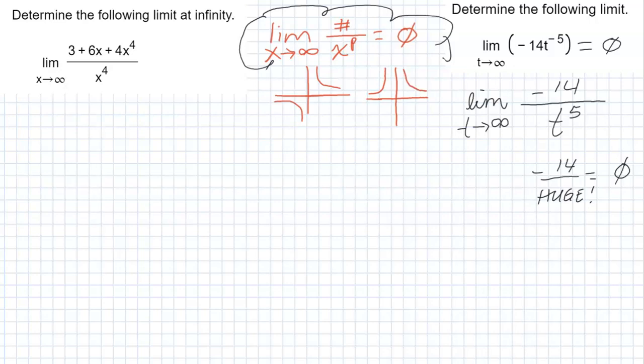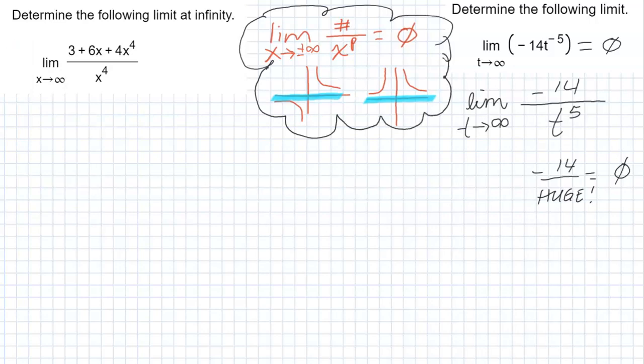Either case, our function is going to be approaching 0 when x goes to infinity or positive infinity. So what we can really write right here is when x is approaching positive or negative infinity, a number divided by x to the p power is going to be 0, as we can see here.